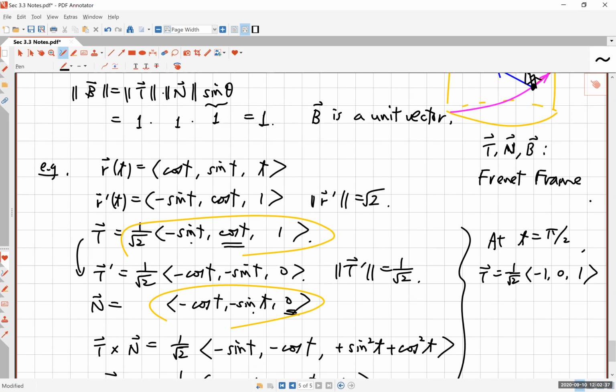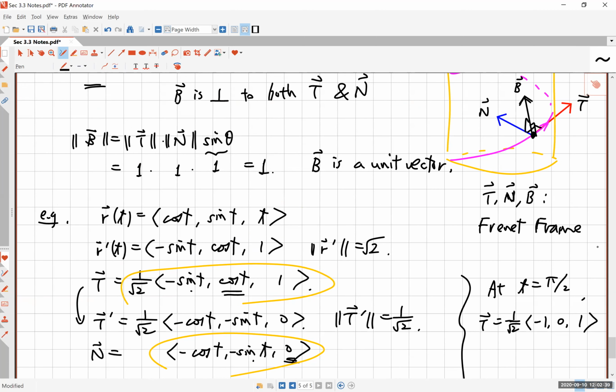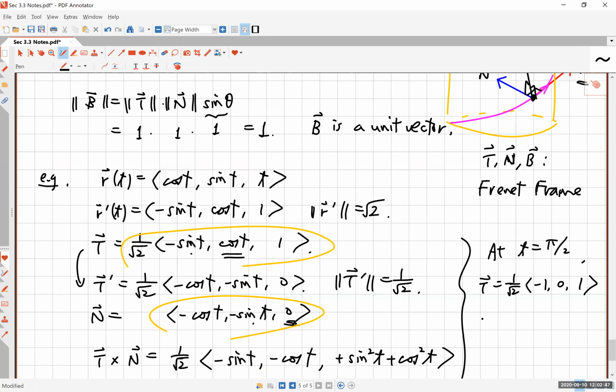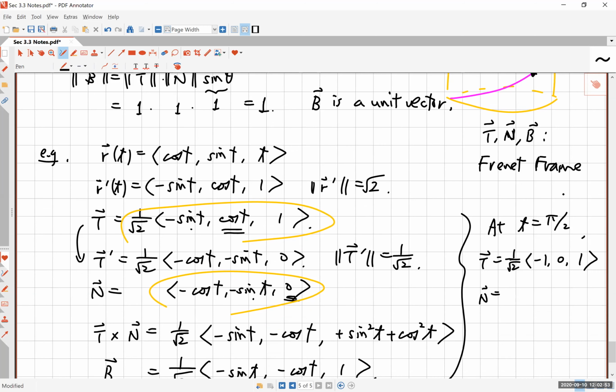Okay, and that's the kind of picture I'm drawing here. This is sort of like this T here. Remember the y component appears to be 0, right? Because this is kind of going in the negative x direction. All right, and then N should be perpendicular to it, and it should be pointing inwards, so the y component should be negative. And so that is exactly right. If you look at N and plug in pi over 2, that would be (0, -1, 0).